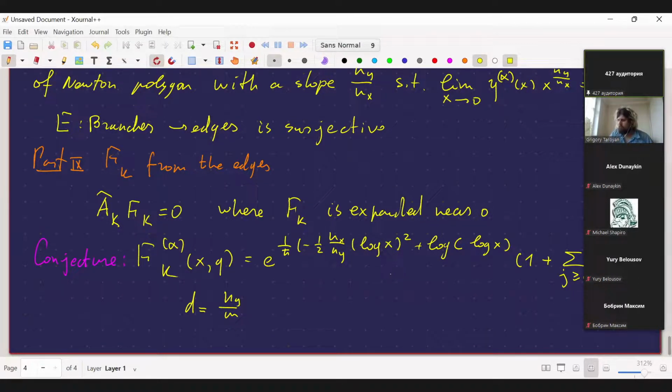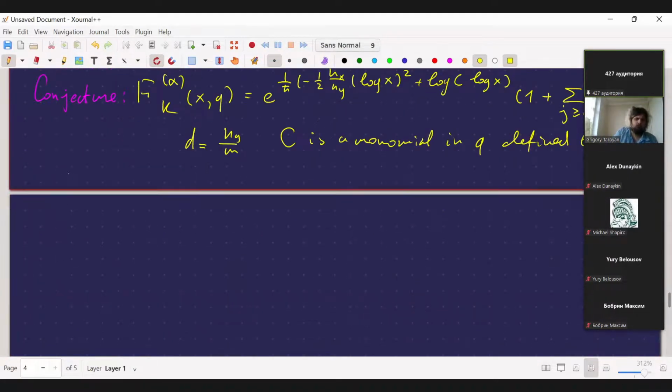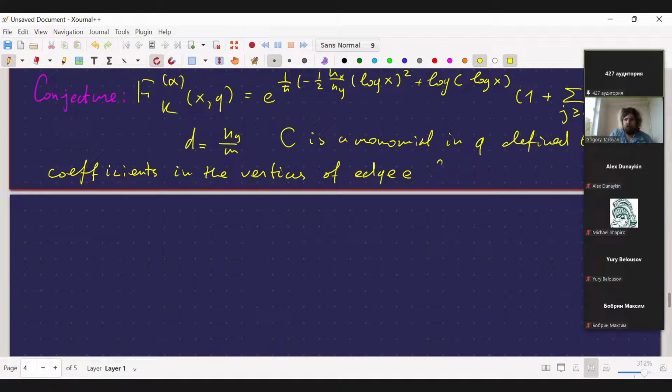And C is a monomial in Q defined by coefficients in the vertices of the edge E. Okay, and FJQ belong to integral Laurent polynomials.